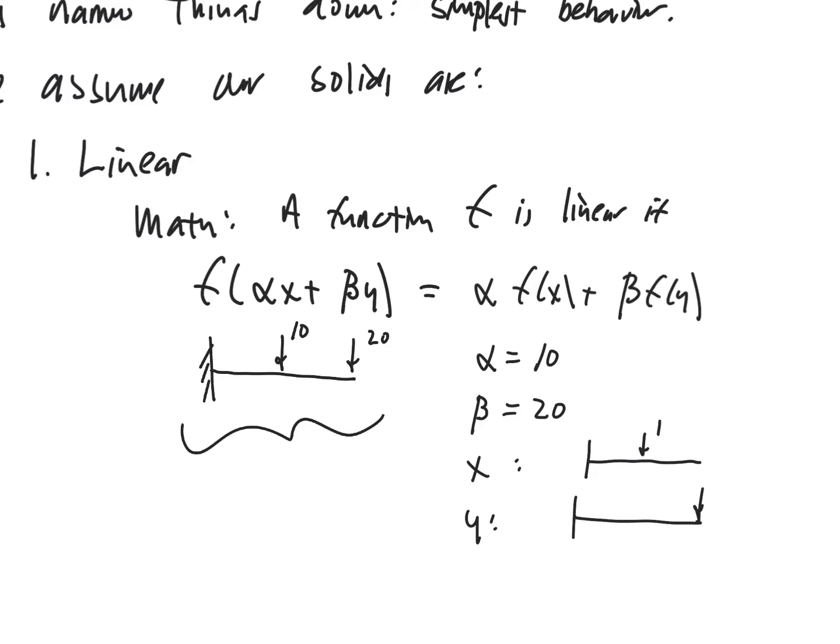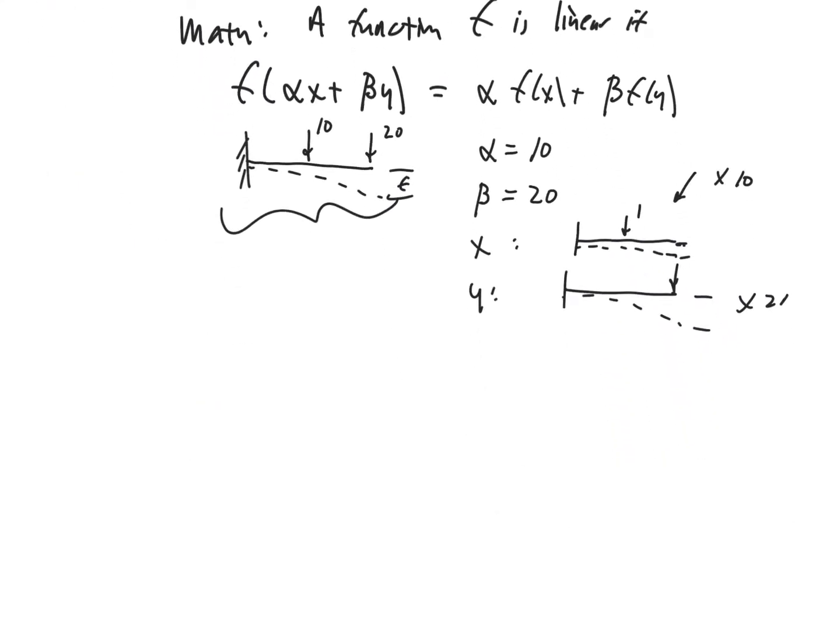Let's say that f measured the displacement right here. Find out the displacement at the end because of a 10-pound load at the middle and a 20-pound load at the right-hand end. If it's linear response, then you can get that by taking the displacement there, multiplying it by 10, then taking the displacement here, multiplying it by 20, and you'll get the same thing.